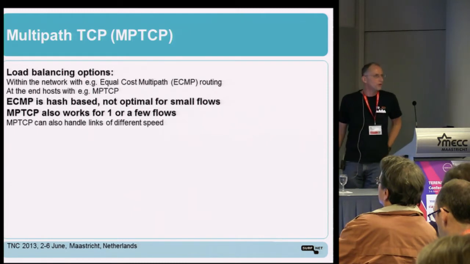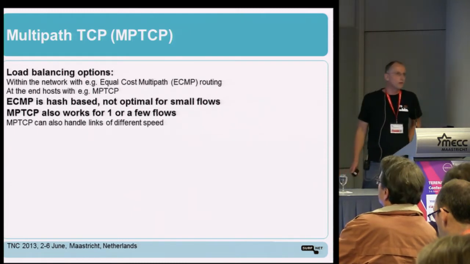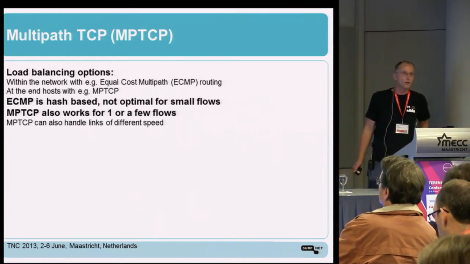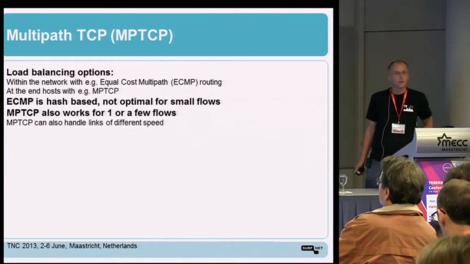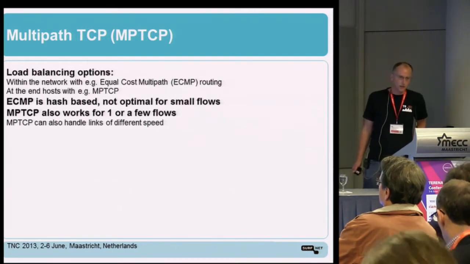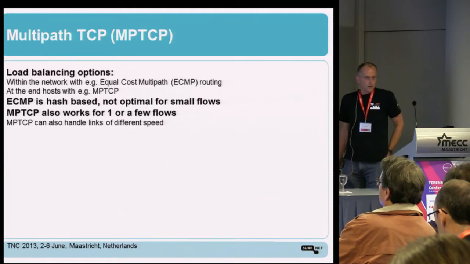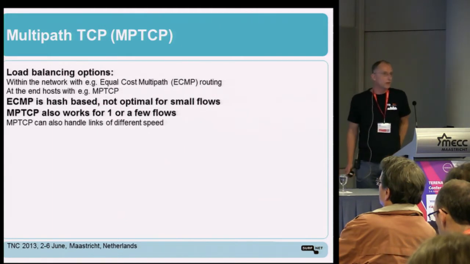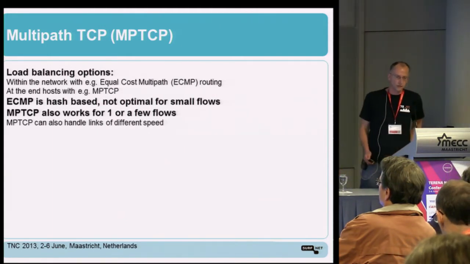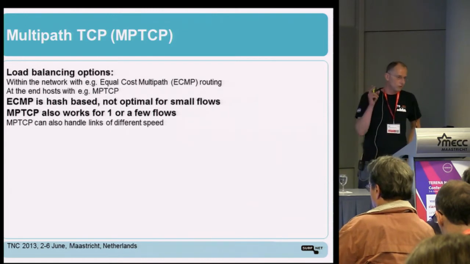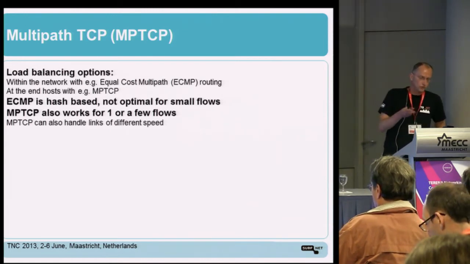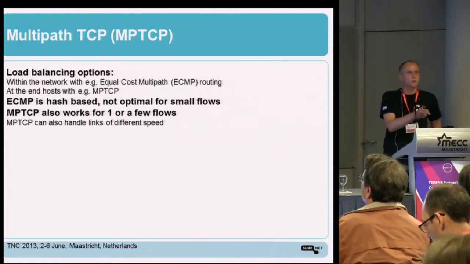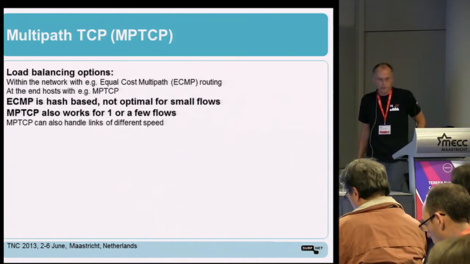That works if you have many flows, but if you have only a few flows or one flow, as you have in eScience data, then the hashes don't work that well anymore. If you have two flows, the possibility that they are both mapped on the same interface is too high.